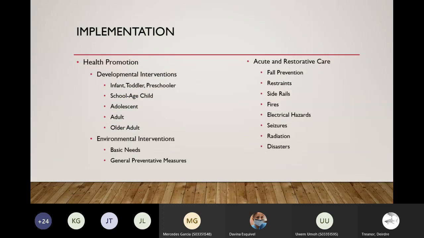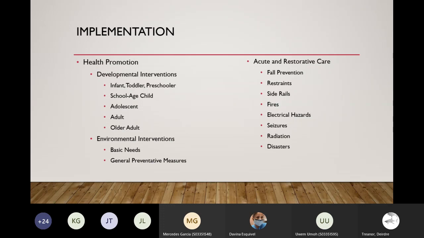Implementation. It's important for a patient to be in a safe environment. So we're looking at interventions that might be linked to developmental, also environmental, basic needs.